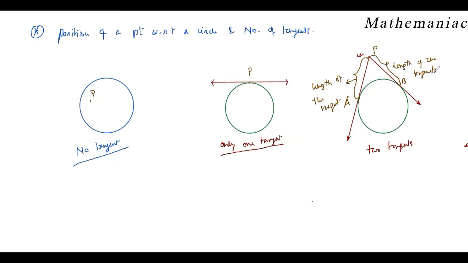This is the convention, otherwise a tangent is an infinite ray, but even then we define the length. PA and PB are the lengths of the tangents.